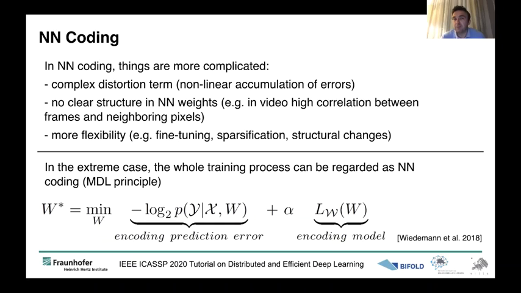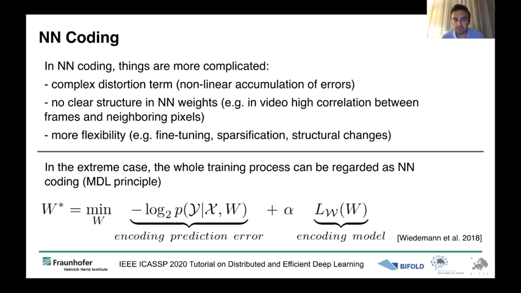So maybe if you have a network with 20 layers, maybe you can remove some of the layers or some of the neurons, and just by that make it smaller. So in the extreme case, the whole training process can be regarded as a coding step.